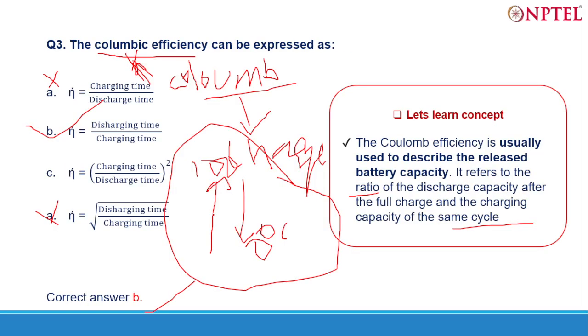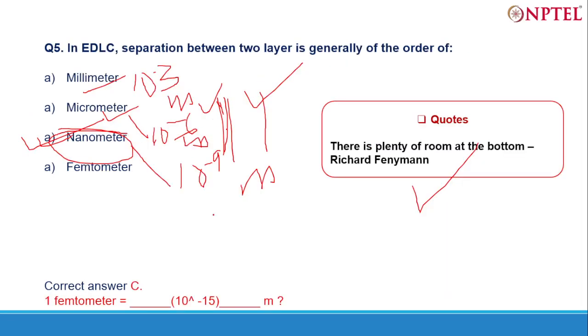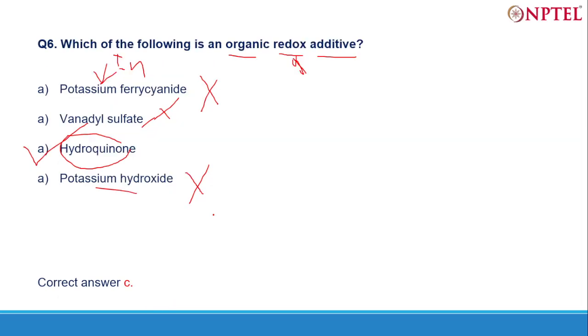We saw the Coulombic efficiency term and defined it. It is the ratio of the charge capacity after the full charge to the charging capacity. Next is cyclic stability. We saw that the cyclic stability of ADLC is much higher than pseudocapacitor and higher than battery. In ADLC, the separation between the two charge layers is nanoscale.